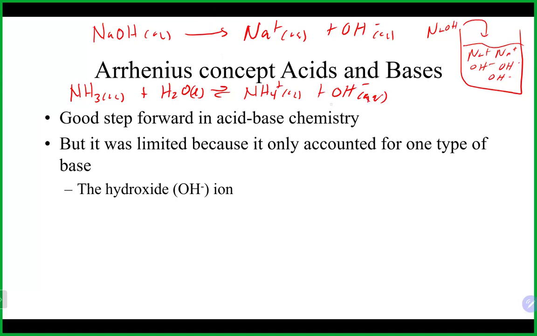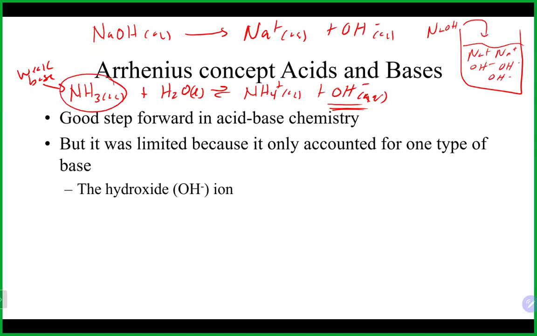And this is still considered a base because it has the ability to produce hydroxide, but ammonia is actually a weak base because in order for it to do it, it's got to go find water and do a little reaction. Sodium hydroxide, on the other hand, doesn't have to do much other than go for a swim and it will produce hydroxide. It doesn't have to do any type of reaction. Ammonia is actually a weak electrolyte, which makes it a weak base.